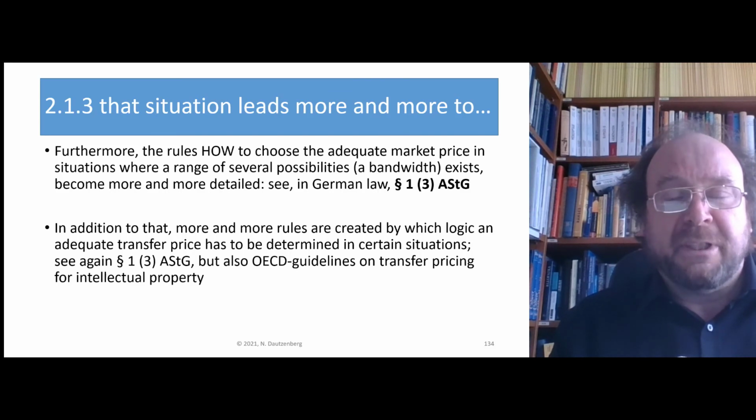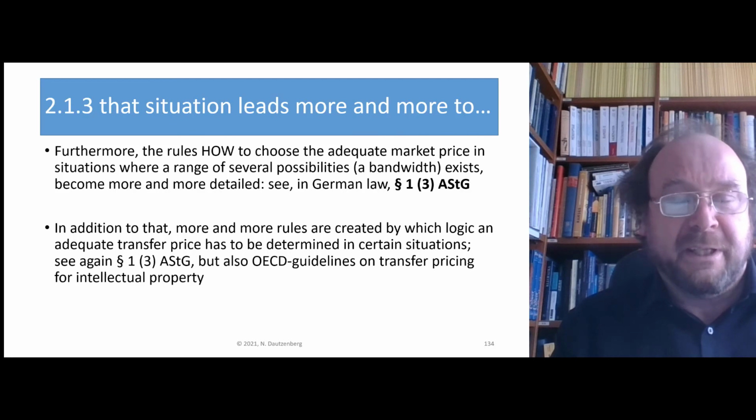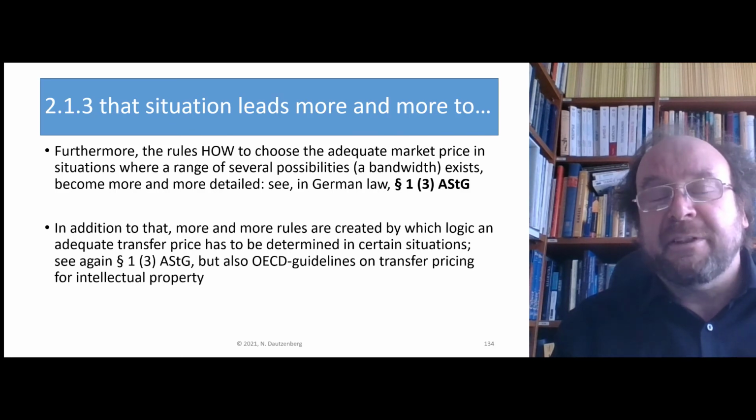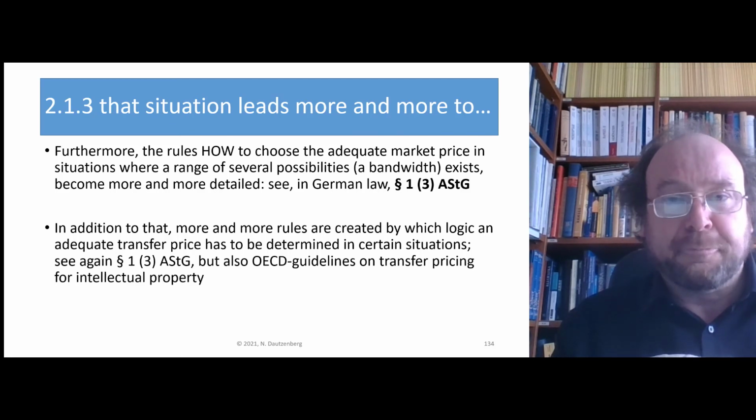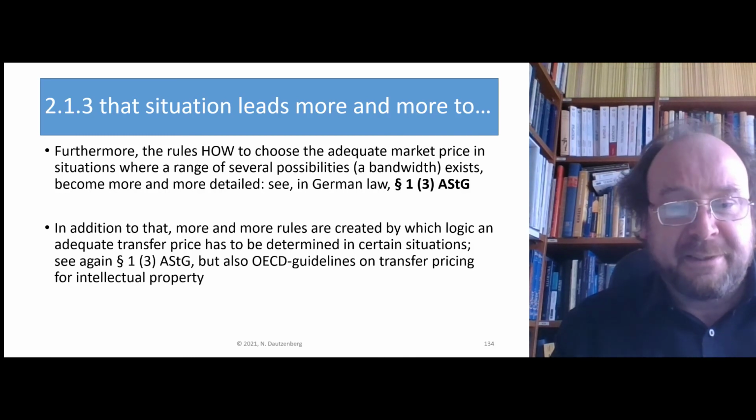For example, Germany has established in subparagraph 3 of paragraph 1 ASDG a very, very long description how the adequate transfer price has to be chosen and has regulated special cases.